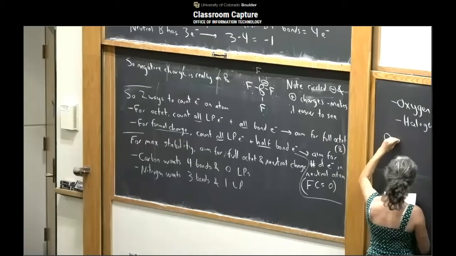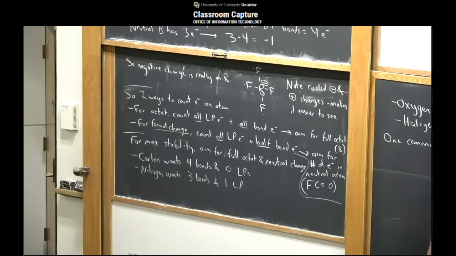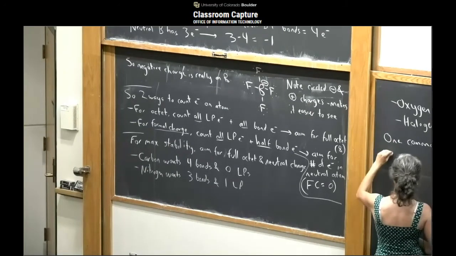But one case that we are going to see pop up sometimes is that atoms in the 3rd row of the periodic table or below can actually go over the octet rule, do what's called violating the octet rule.